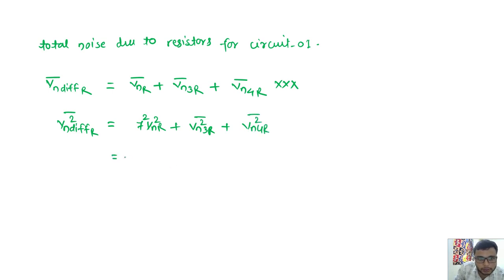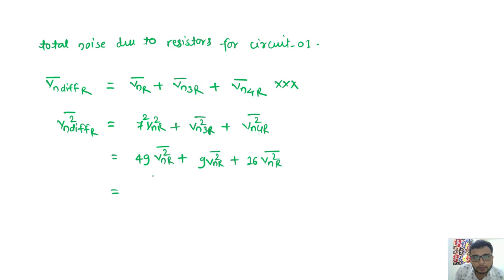So we can write it as 49 VNR square, plus, for 3R, if I put 3R instead of R, 9 Vn of R square, and for 4R, 4 Vn of R square. So I have written all the noises in terms of only the resistor noise.